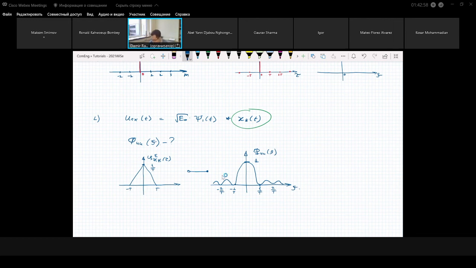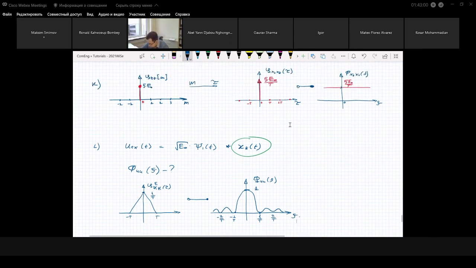And now we just need to combine all what we know. We know that we have a scalar in front of this whole expression, square root of E0. Oh, sorry, this is not UU, this is psi1. We know how the energy spectral density will be for our pulse shape function.